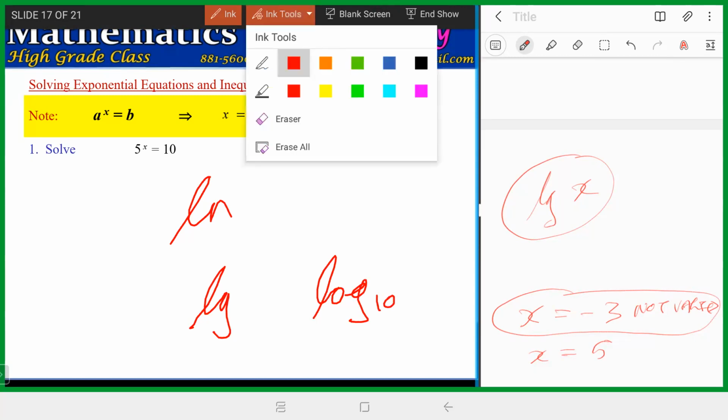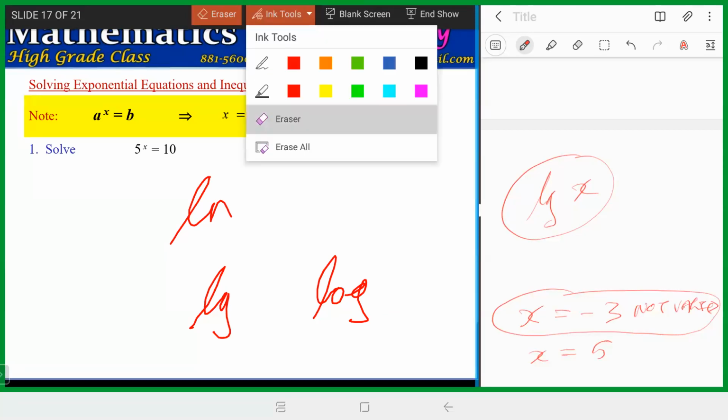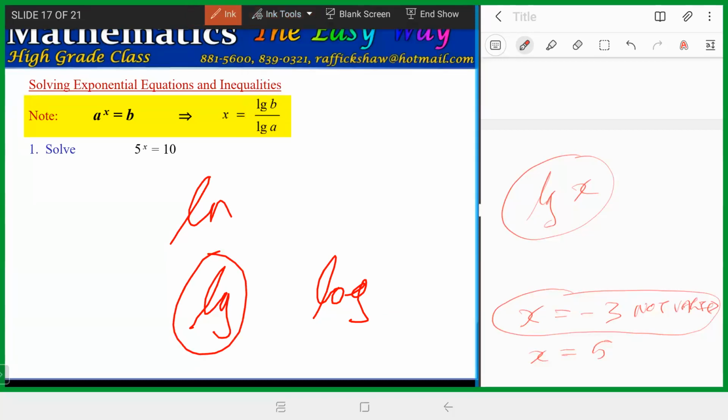If you take logs and don't put a base, and write lg, it's understood to mean log to base 10. If you write log and don't put a base, it is understood to mean log to base 10.